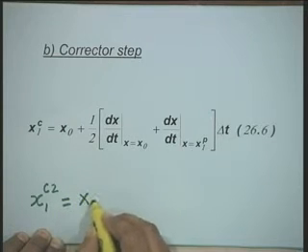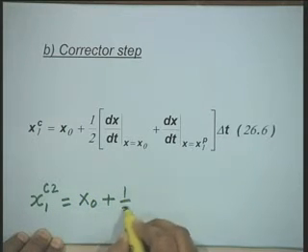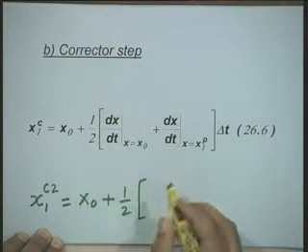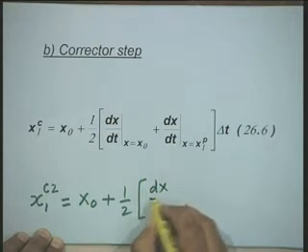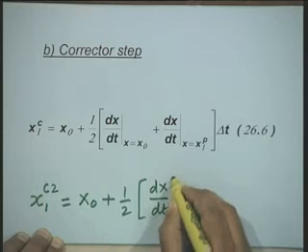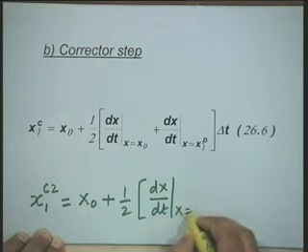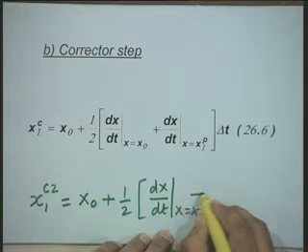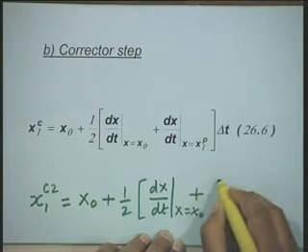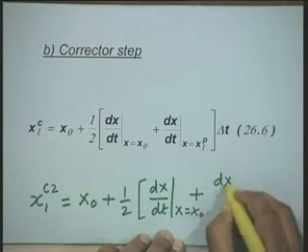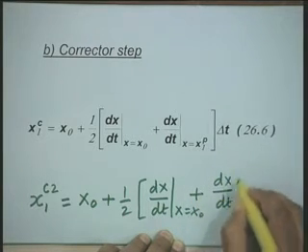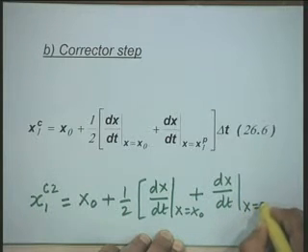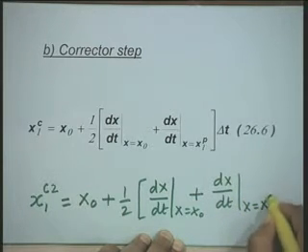I will just now suppose I use actually one second step, then I will call this equal to x naught plus 1 by 2, this initial derivative will remain same, that is dx by dt at x equal to x naught, plus we will calculate this dx by dt at x equal to x1c.